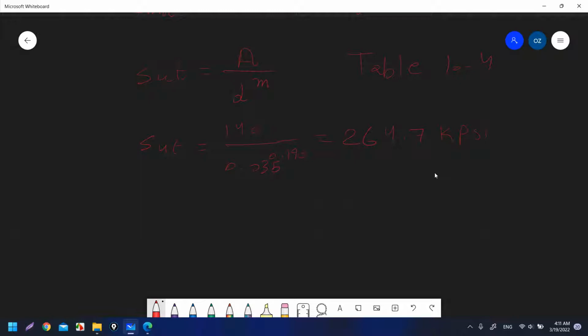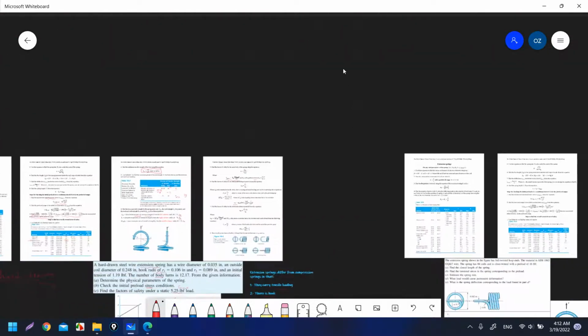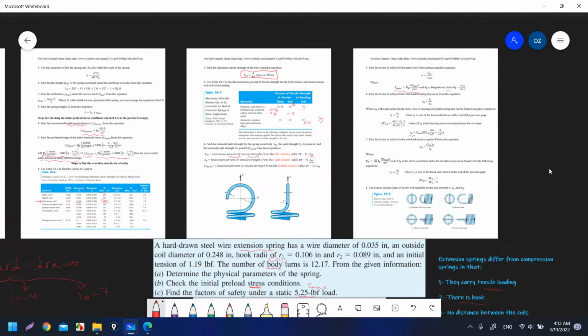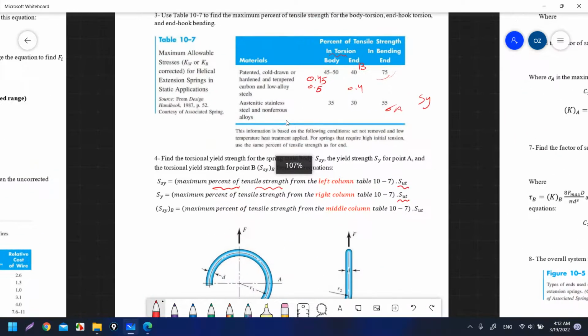Then we want to calculate SSY for the body, SY the yield strength, and SSY for point B. All of them are equal to a percentage times SUT. So what is this percentage? We said it is from table 10.5, table 10.7. We'll use this row because it is hard drawn.